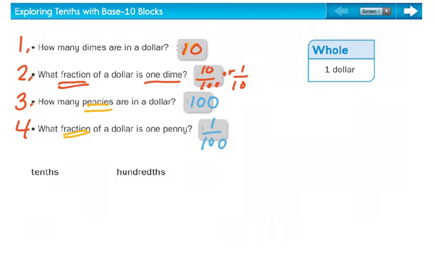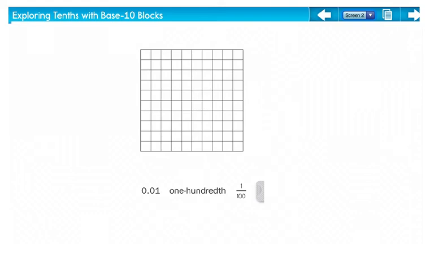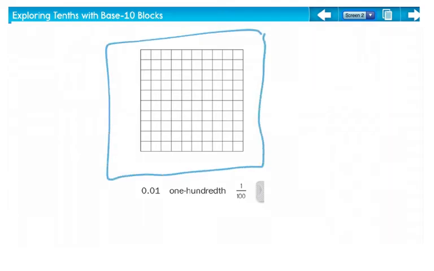So today we're going to be talking about tenths and hundredths with decimals and fractions. What I would like for you to do is use your large sheet of paper that has 100 little boxes that looks just like this. You're actually going to put that sheet beside your iPad along with your base 10 blocks.